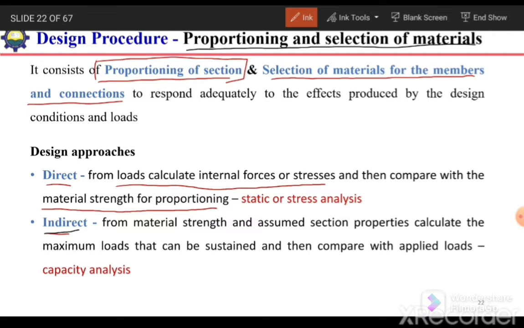It means, first of all, we will select an arbitrary section, and we will also select the material properties, and we will perform the capacity analysis to calculate its strength or maximum capacity. Then we will compare that capacity with the applied loads. If the capacity is more than the applied load, it means our selected section is okay. Otherwise, we need to revise our section. So this is a trial procedure.